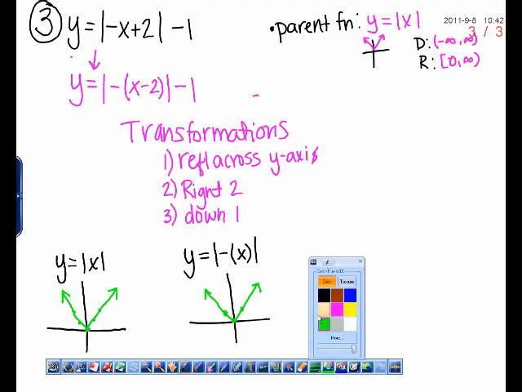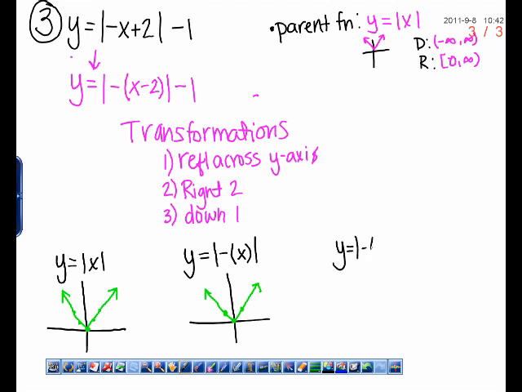All right, what's the next transformation I'm supposed to do? Right 2. So what I'm going to be graphing is the absolute value of negative x minus 2. That's going to take my whole function and move it right 2. So 0, 0 goes to where? 2, 0. And then we're going to have 3, 1, and 1, 1.